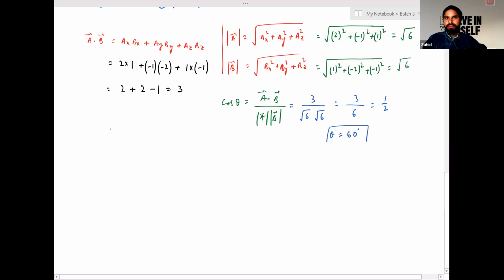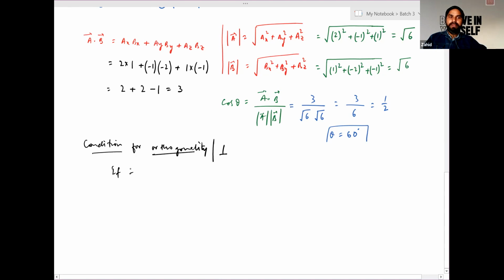Now, using this dot product, we can define condition for orthogonality or perpendicular condition for two vectors.